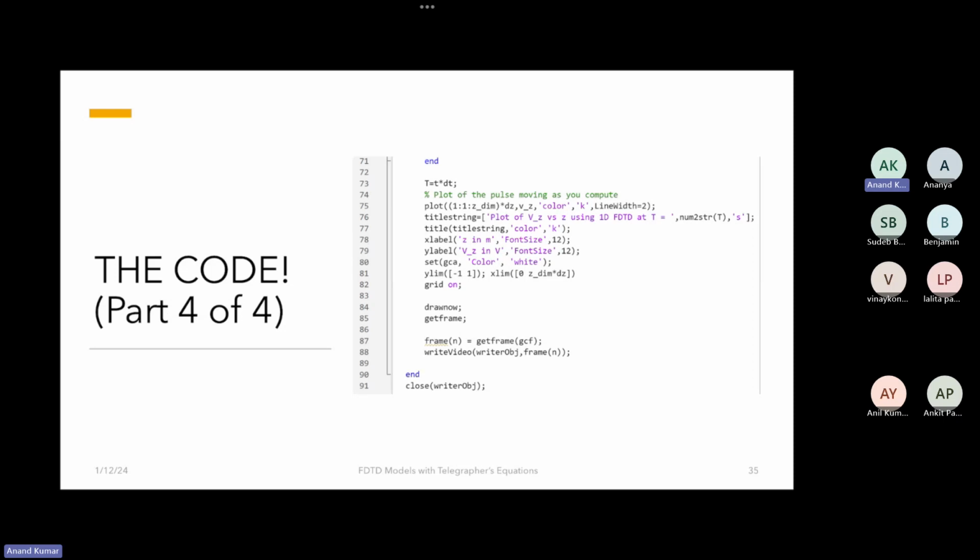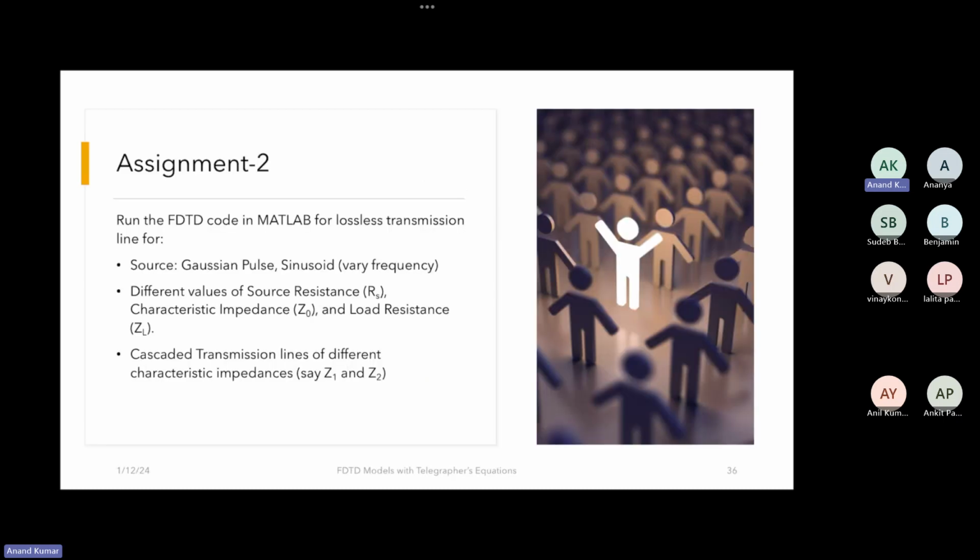What we have done is we are storing the vz value. In MATLAB, the plot thing is x value, y value, and then you can get fancy and add colors and stuff.